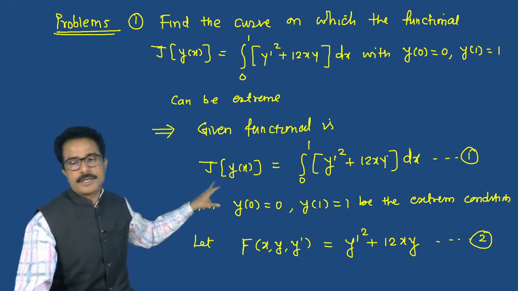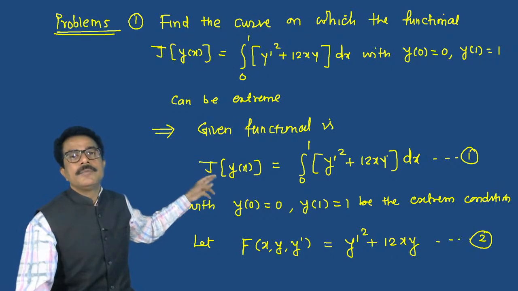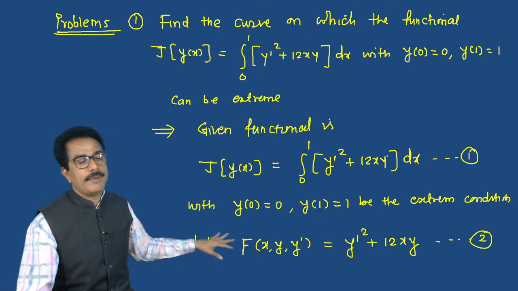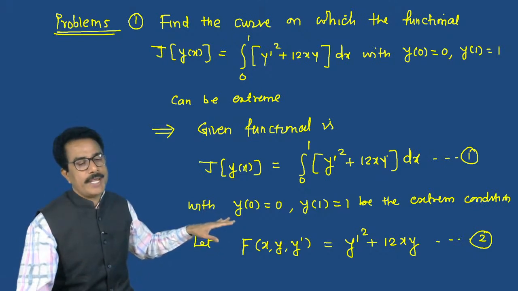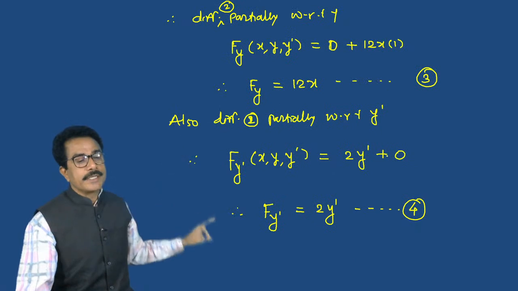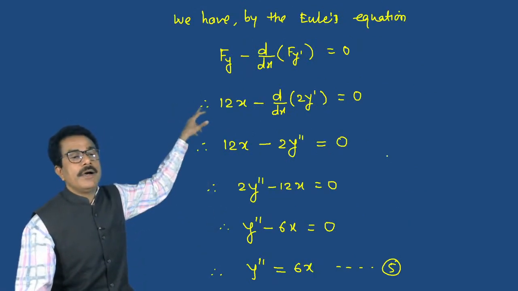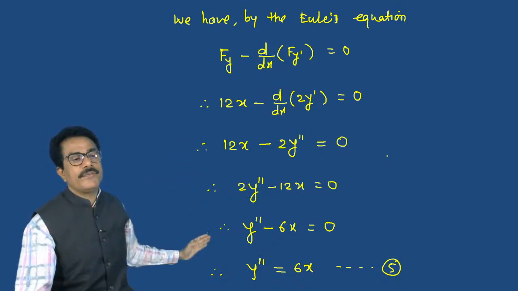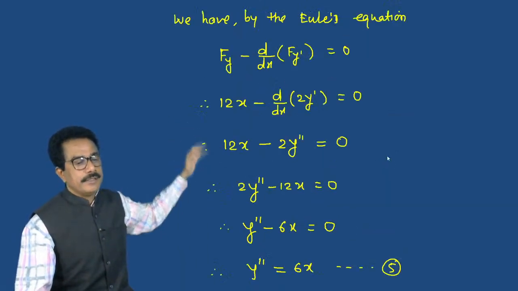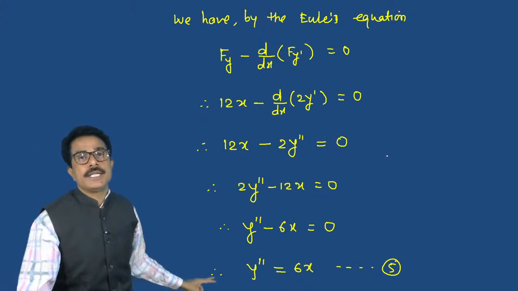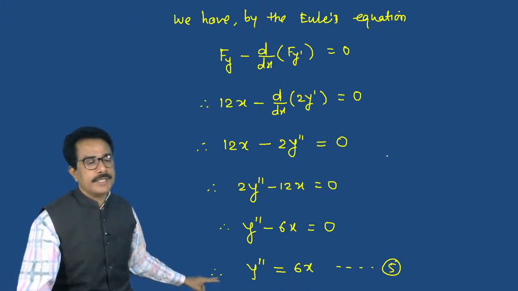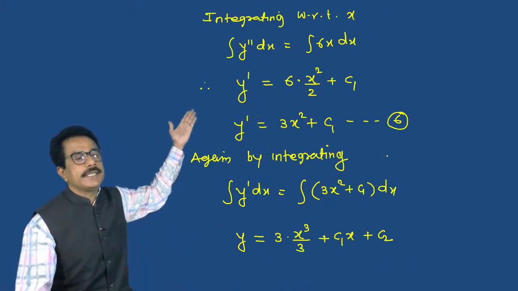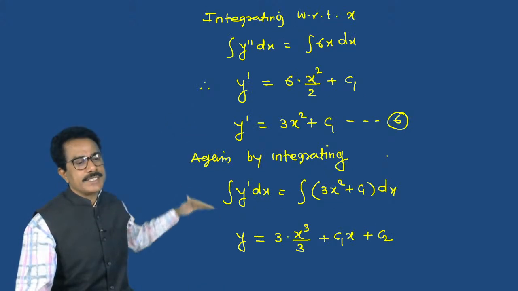Consider this is the given functional. Put the functional in the form of f of x comma y dash is equal to y dash square plus 12xy. Calculate fy, calculate fy dash, write the Euler's equation and put these values of fy and fy dash, then we will get a second order differential equation. To solve this, integrate the second order differential equation first time and second time.